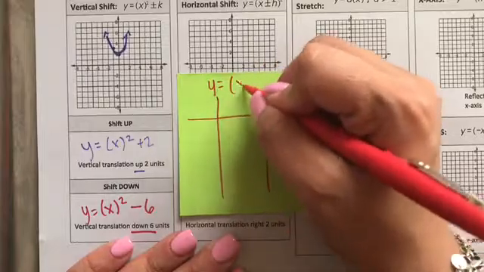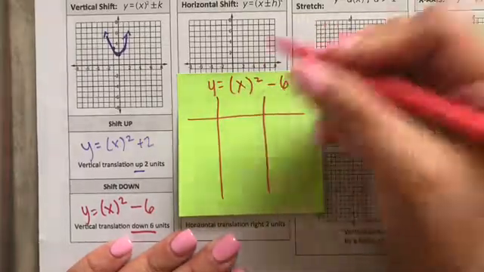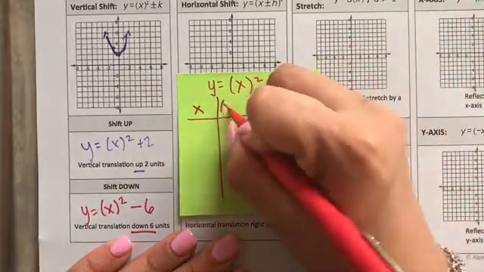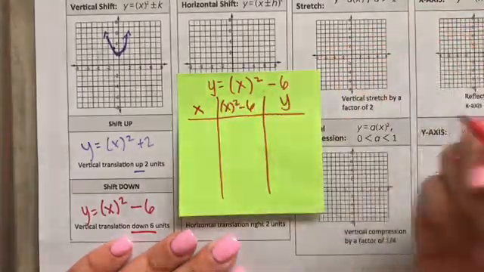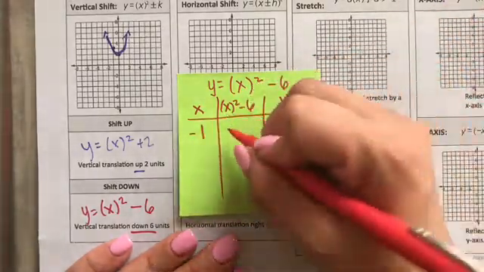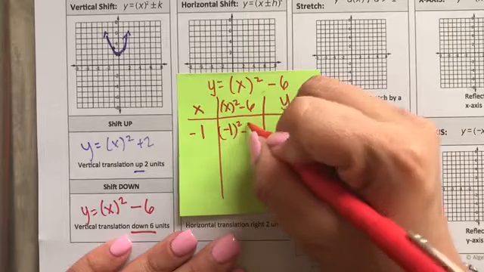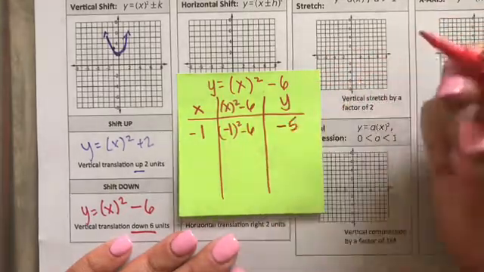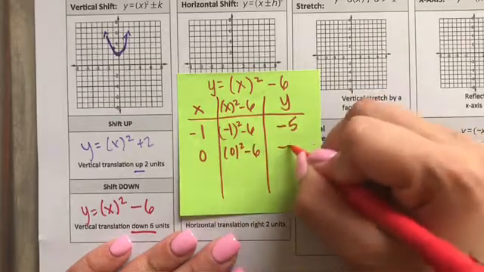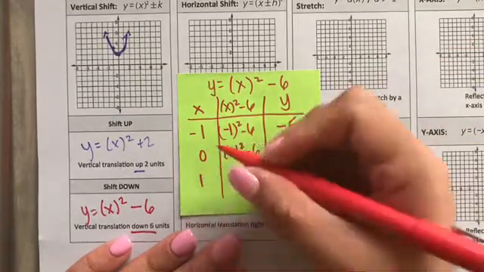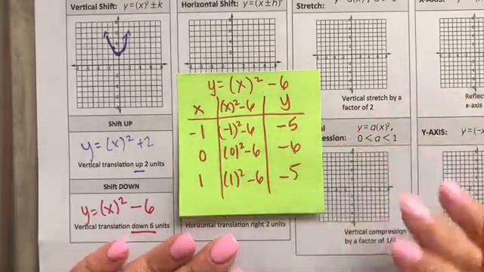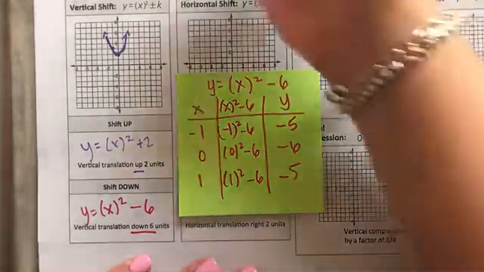Y equals x squared minus 6. This is x, this is y, and this is x squared minus 6. If I use -1, -1 squared minus 6, I'm going to get negative 5. If I use 0, 0 squared minus 6 is negative 6, and then 1 squared minus 6, I'm going to get negative 5 again. So let's graph this.